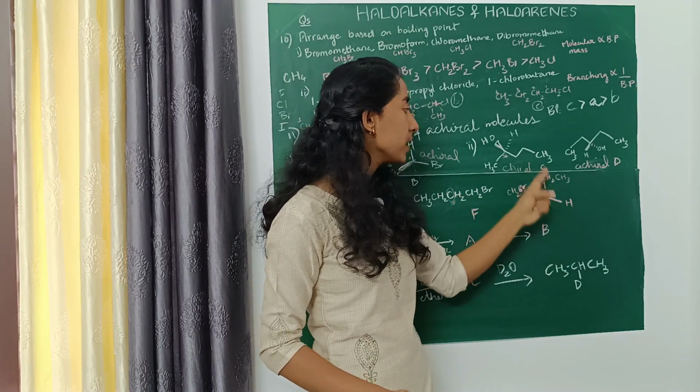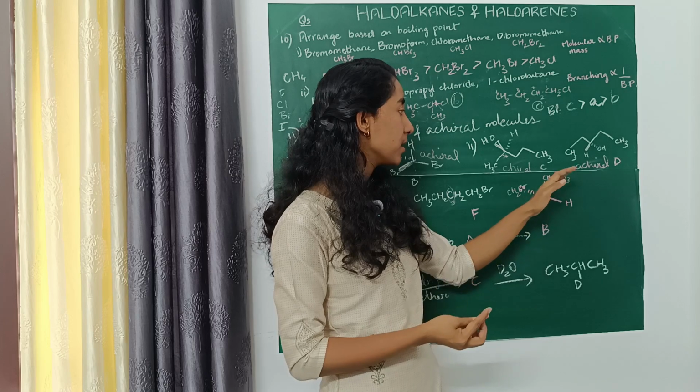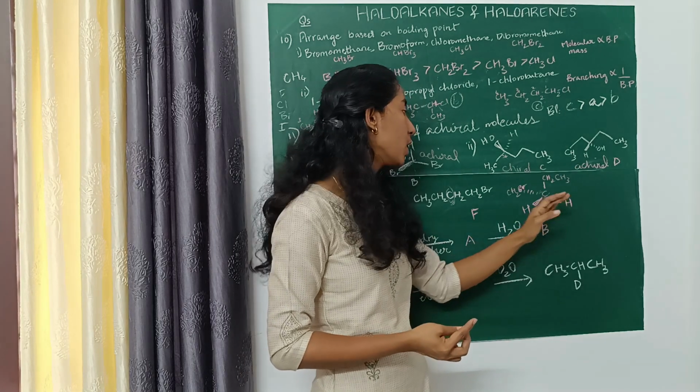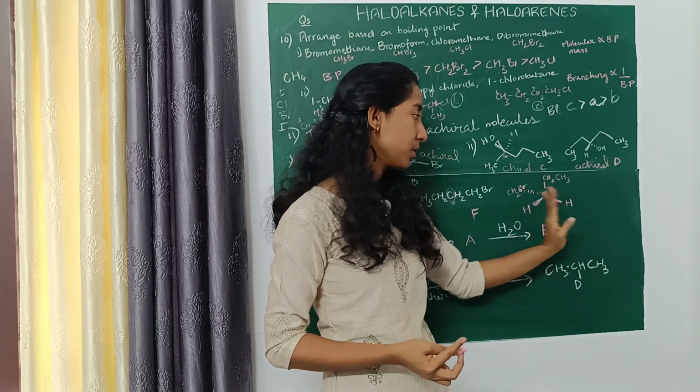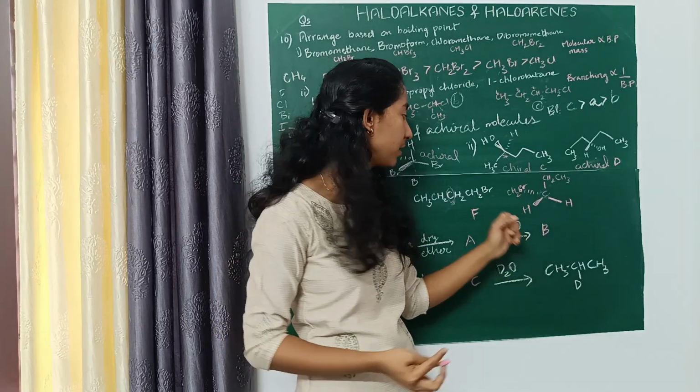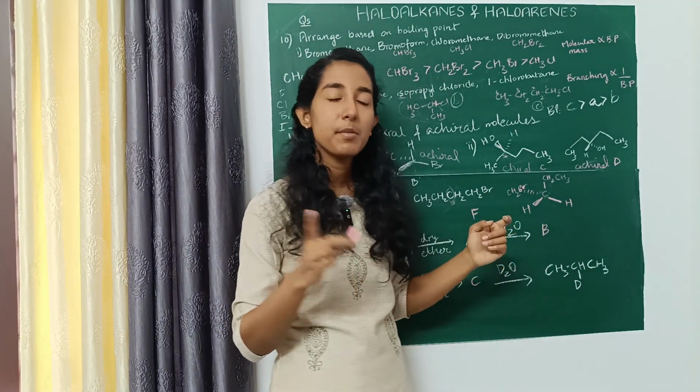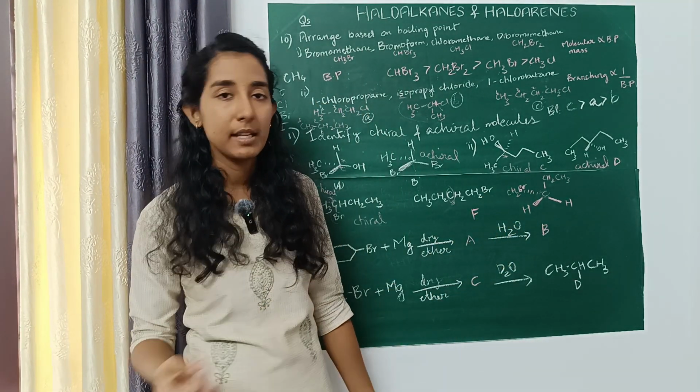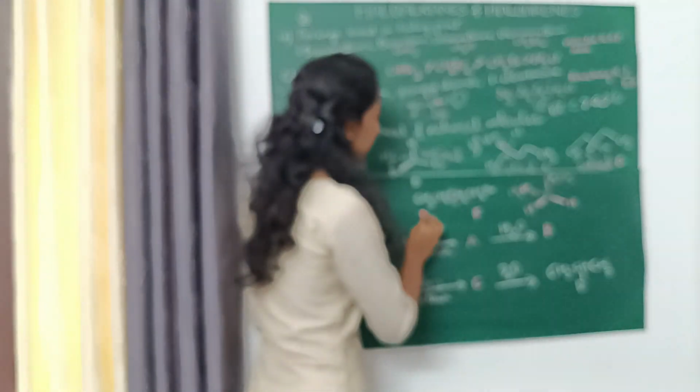Again you can consider a plane such that it passes through CH2CH3 and CH2Br. So this hydrogen will be reflecting this hydrogen. So basically there is a plane of symmetry for this molecule. And when you have a plane of symmetry for the molecule, you say the molecule is achiral.